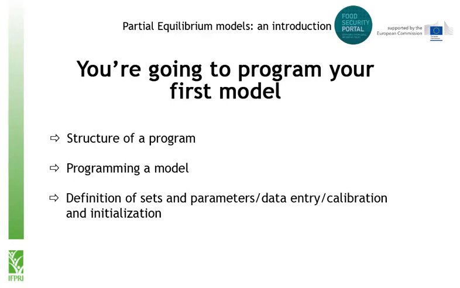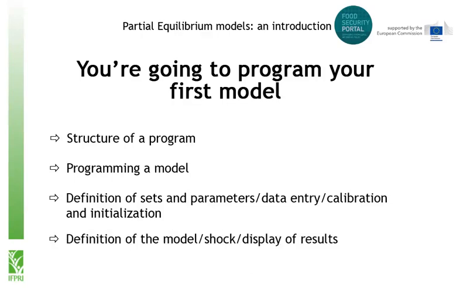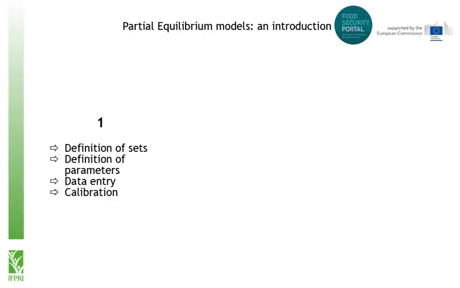But you make this stage when, on a sheet of paper for example, you have first designed the model. And then you have the definitions of the model. It's a very simple instruction. Once you have written all the equations, you have to apply a shock and display the results.